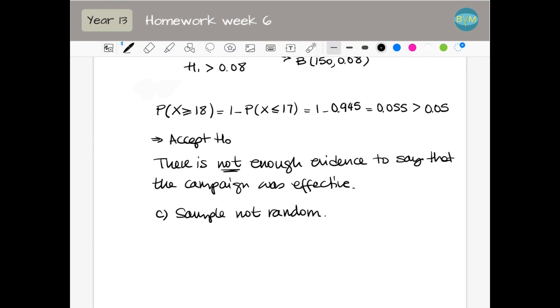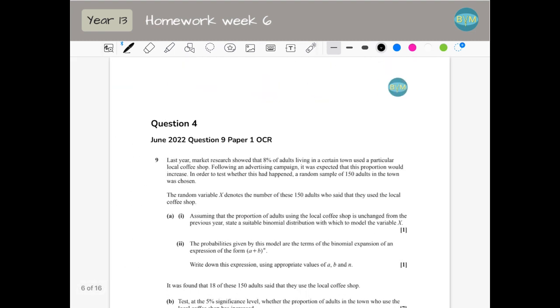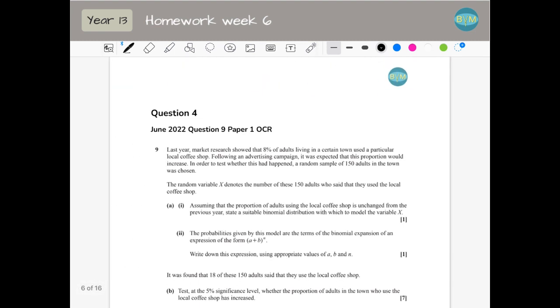So maybe different days give us different probabilities, so the 0.08 would be a different probability. Something like that. And that's all with this question.